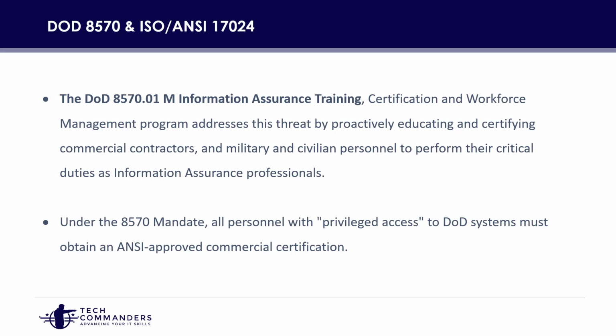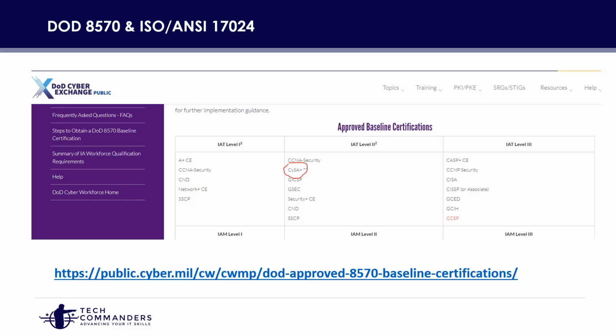So you'll need to understand what IAT level, for example, you may need to attain in your organization. As far as the CySA, this baseline certification is considered an IAT level 2. And if you're going to administer or manage specific systems, you'll need to understand what level your organization is going to require you to attain.